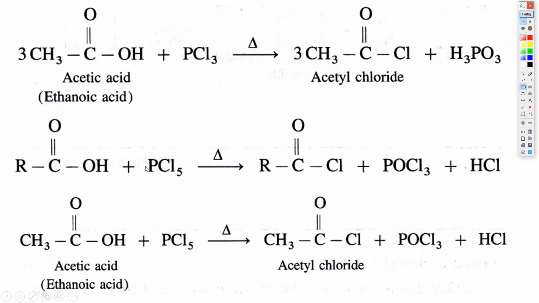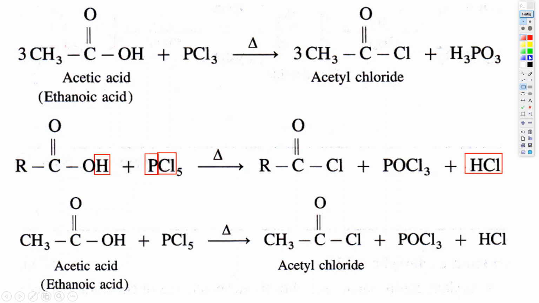Again its minor product is very simple. This 1 hydrogen atom from the OH group and 1 chlorine atom among the 5 chlorine atoms will form the minor product HCl. Then the remaining part is 4 chlorine atoms, 1 phosphorus atom and 1 oxygen atom. It will form POCl3, that is phosphorus oxychloride.